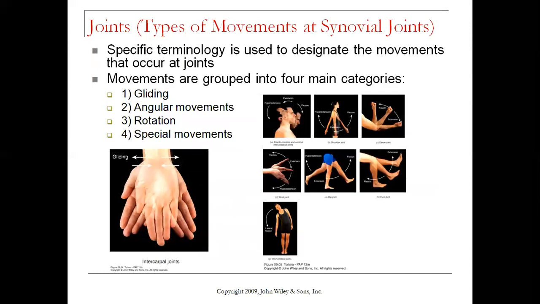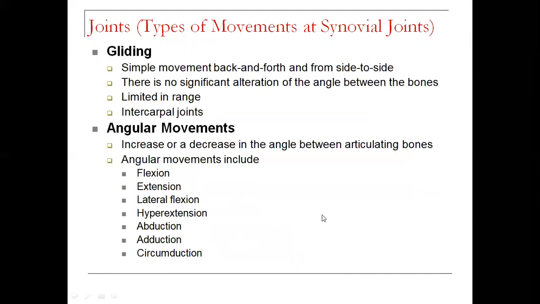The types of movements permissible at synovial joints are gliding, angular movements, rotation, special movements. Here you can see the diagrams. Gliding is the back and forth movement and from side to side. Angular movements are flexion, extension, lateral flexion, hyperextension, and so on.